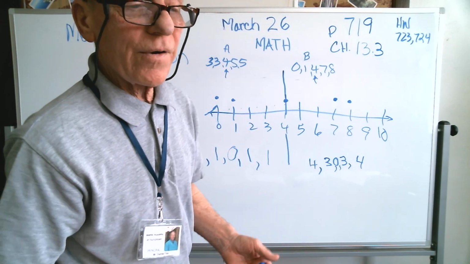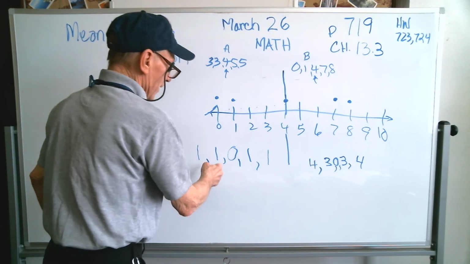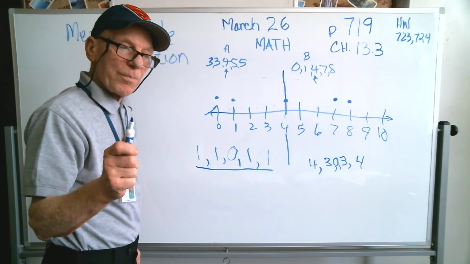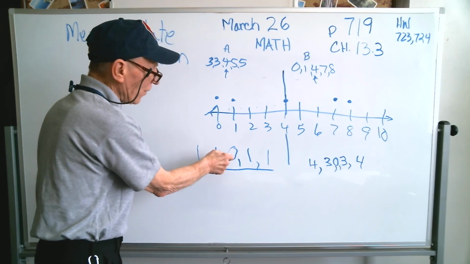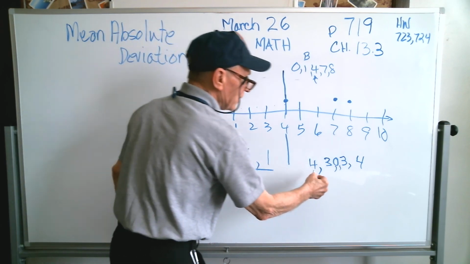Now this is where you find the average. You take each set of these numbers and you put it over top of how many there are. There are 5. Same thing with this one.